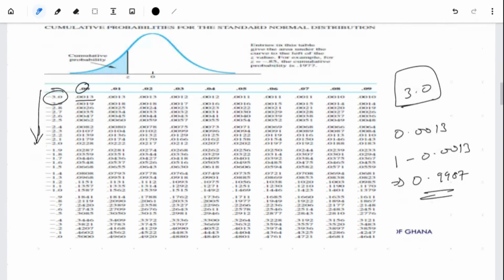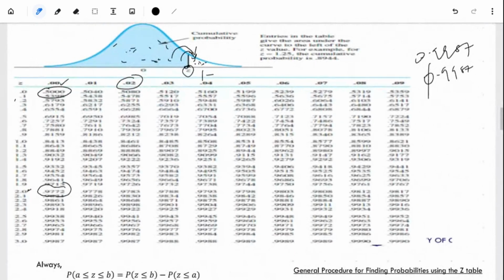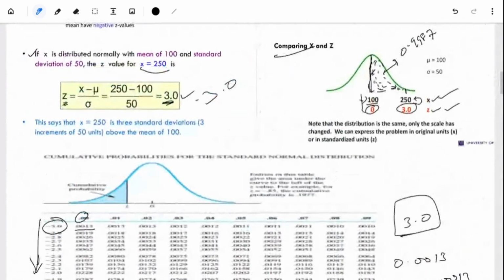So let's search from the positive Z values. The positive Z value for 3.0, we have 0.9987. So in case you have a negative value and you want to get it from the positive probabilities, like the Z-value distribution, positive side, and then convert it to the negative, the probability that you get from here, you subtract it from 1, and then you get it for the negative side. So that is all for today's session.